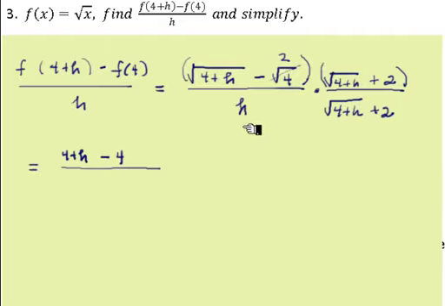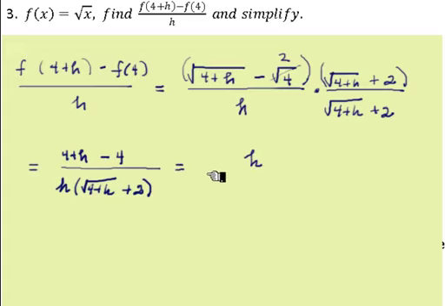All right, and in the denominator we have to multiply as well, and let's not multiply through, let's just write h times the square root 4 plus h plus 2. After all, we want to cancel an h from the numerator and denominator, so keep the h outside of the parentheses. Don't multiply through. Notice this 4 and minus 4 cancel. So we're left with just h in the numerator.